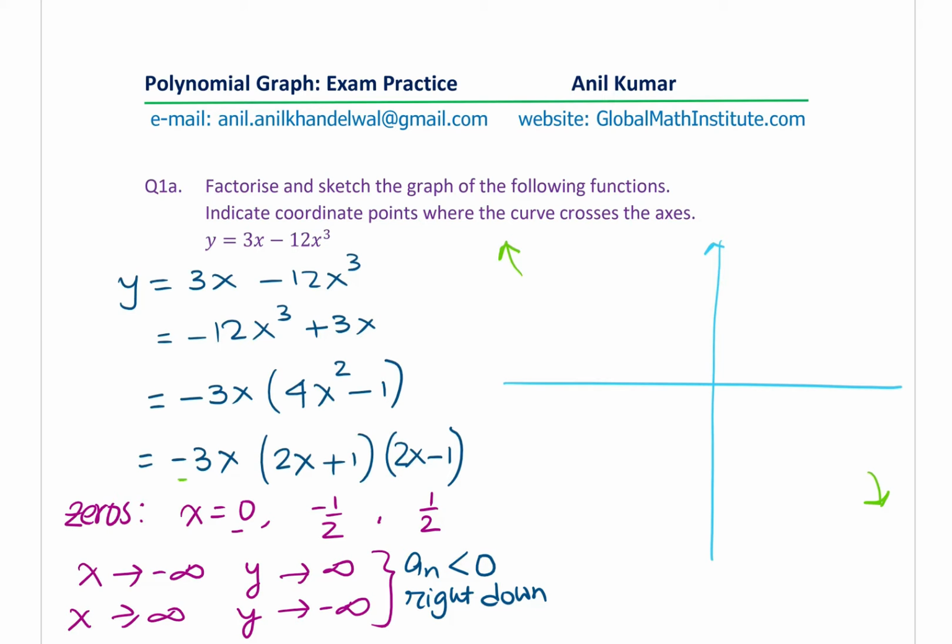Now let's mark the x-intercepts, which are at 0, plus and minus half. Let's say this is minus half and that is plus half. In all these graphs which we are sketching, the important points to mark are the points where the graph is crossing the axis, both x and y intercepts. These are very critical intercepts which should be clearly marked.